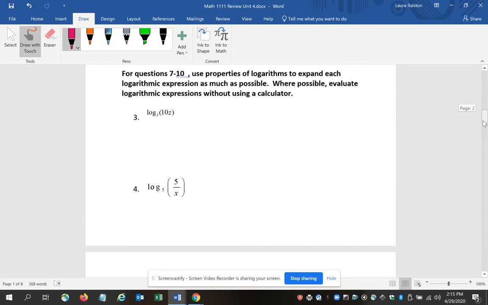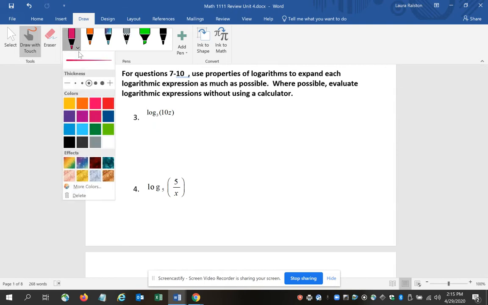All right, then the next few questions, and it's not 7 through 10, it's 3 through something, but the instructions say, use the properties of logarithms to expand each logarithmic expression as much as possible. Where possible, evaluate logarithmic expressions without using a calculator.